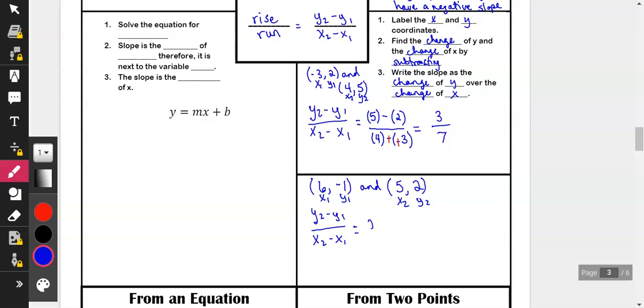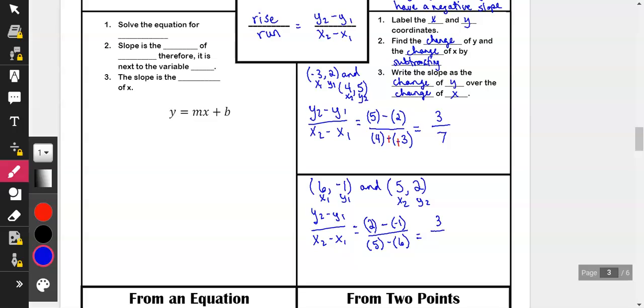So y2 is 2, minus y1, which was -1, over x2, which is 5, minus x1, which was 6. So 2 minus a negative 1: remember, minus and negative is going to turn into a plus sign. So this is going to end up being 3.